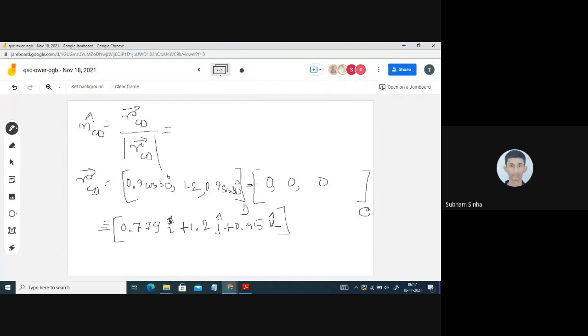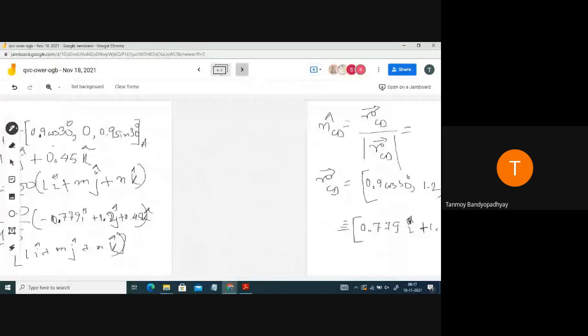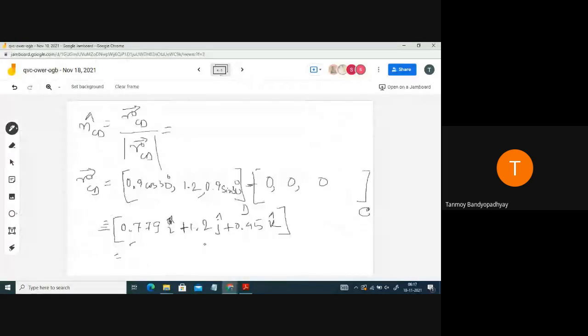So you don't write all those things, just write it as Li plus Mj plus Nk. And here also keep it like L1 I cap plus M1 J cap plus N1 K cap.